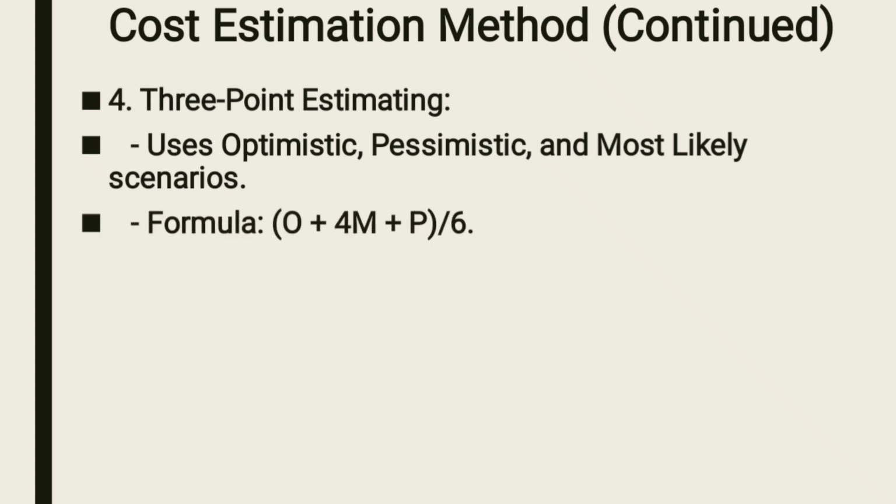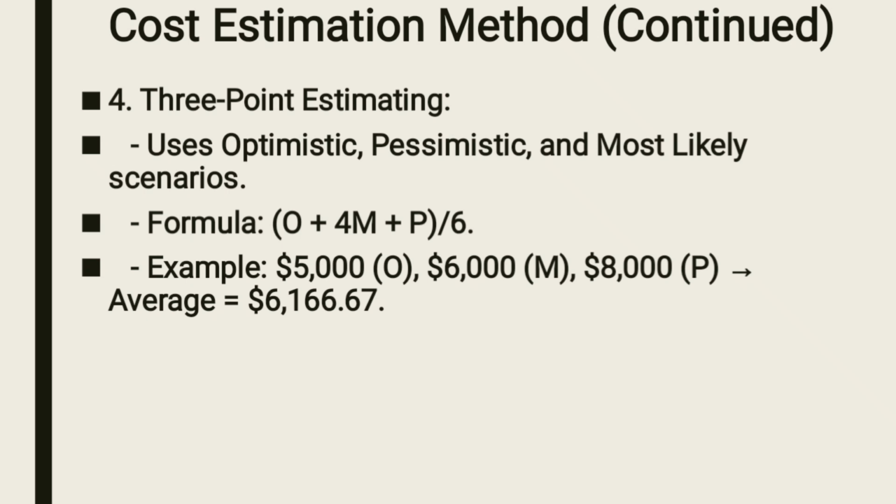So you focus on a formula which says optimistic plus 4 multiplied by most likely cost plus pessimistic cost, the whole of it divided by 6. An example: the optimistic cost is $5,000, the most likely cost is $6,000 and the pessimistic cost is $8,000.